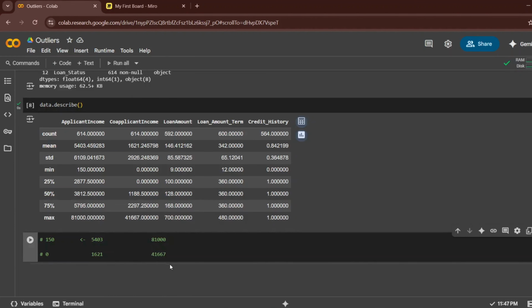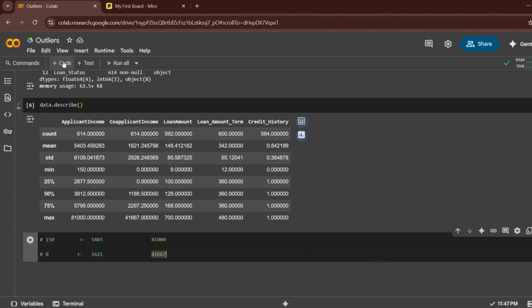You would suppose that the mean value should be somewhere around 20,000, but it's just 1621, which means it too is being stretched towards the minimum value and away from the maximum value. So there is actually a presence of outliers in this column and in this column as well. We can choose any one of the columns to deal with. I would choose co-applicant income, but you can try both of the columns.